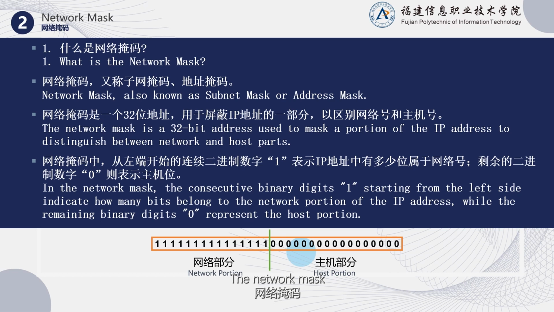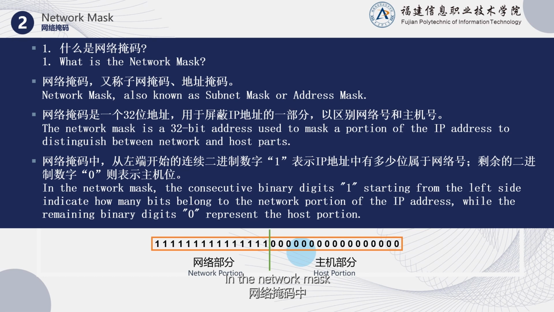Alright, now that we have learned about IP addresses, let's move on to study network masks. The network mask, also known as the subnet mask or address mask, is a 32-bit address used to mask a portion of the IP address to distinguish the network number and the host number.